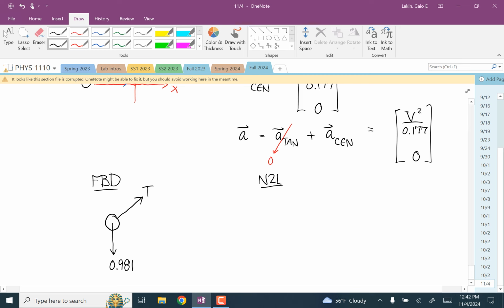Now Newton's second law. To come up with the components of that vector, this is going to be T times the cosine of 45, T times the sine of 45. The weight force is 0, negative 0.981.